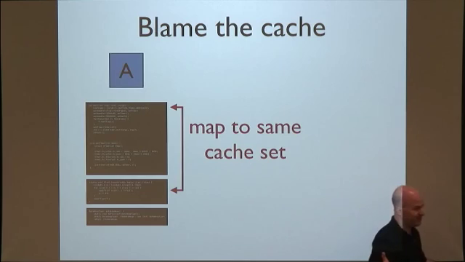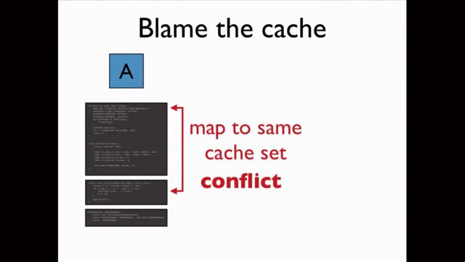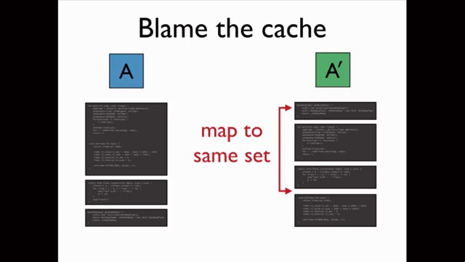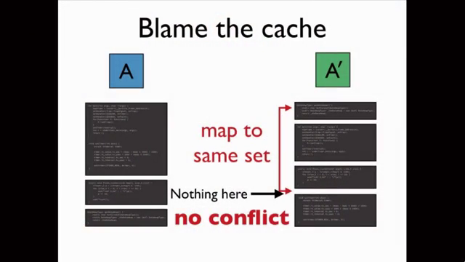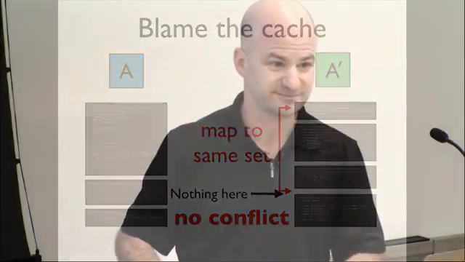So they end up, unfortunately, mapping to the same cache set, and you get conflicts. So they don't all fit in cache at the same time. It runs slower. When you change your program, by luck, you could end up actually getting an empty space in that set, right? So the code is not there anymore. The hot code has moved elsewhere. And now we have no conflict. All right, so this can happen because of caches.